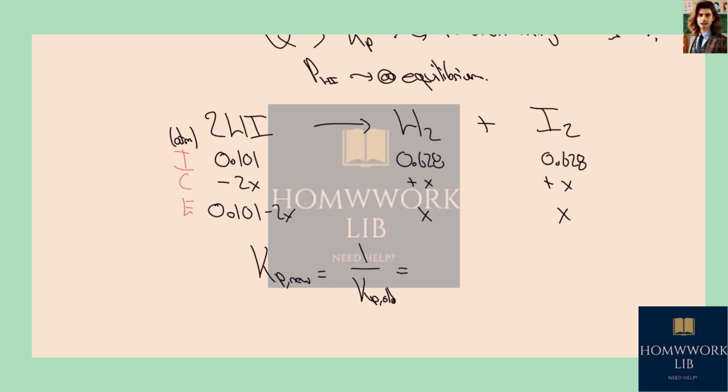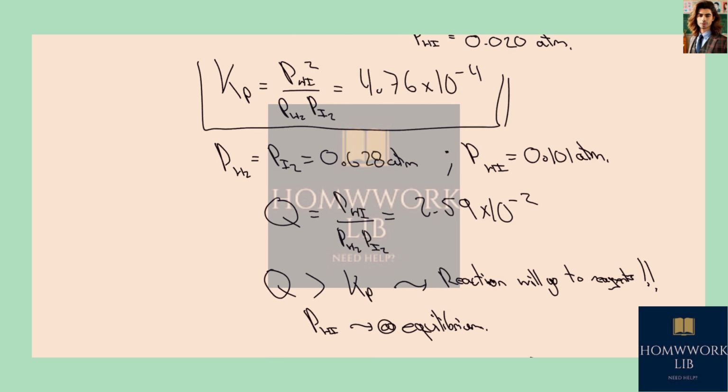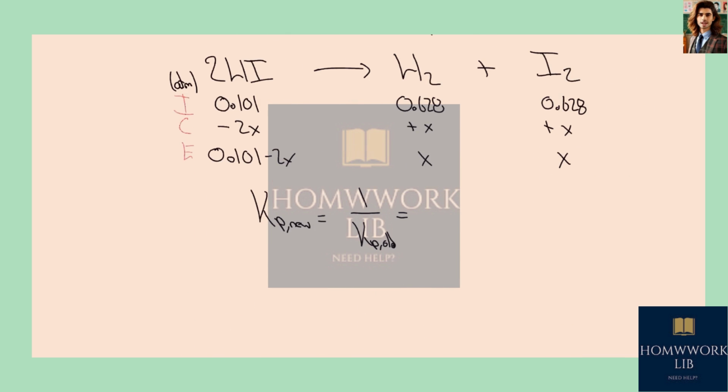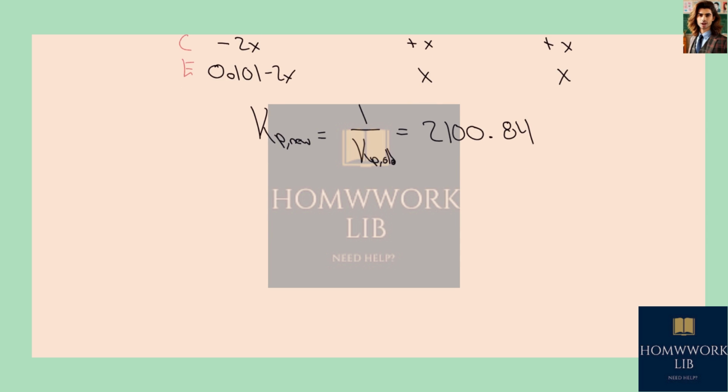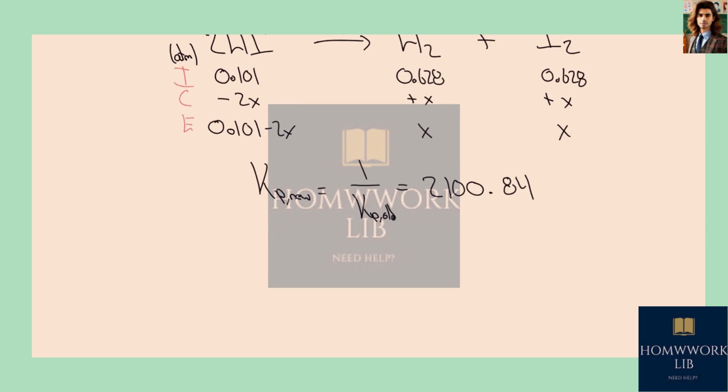So plugging in the value of 4.76 times 10 to the minus 4, the result that we're going to get is 2100.84. This is going to be the Kp for the new equilibrium. And over here, it should read 0.628 plus x and 0.628 plus x.